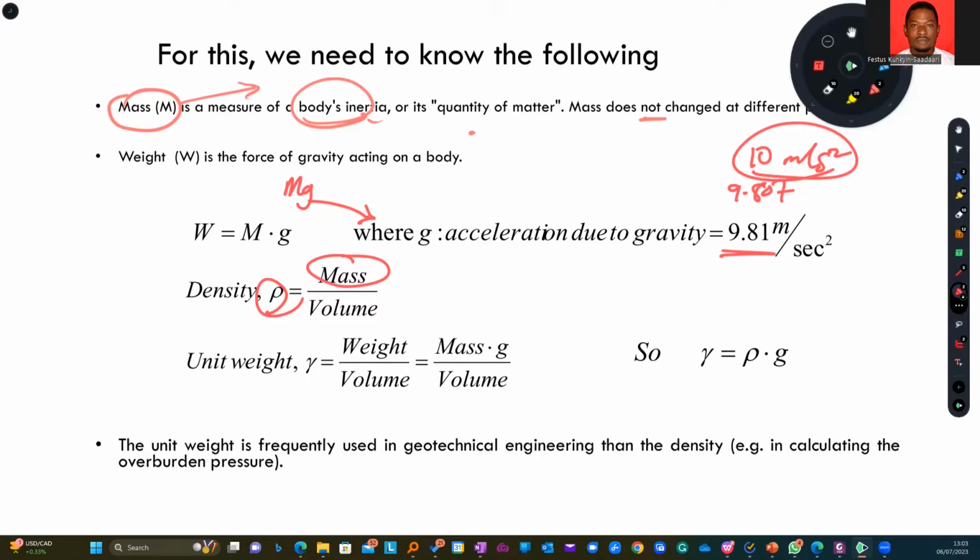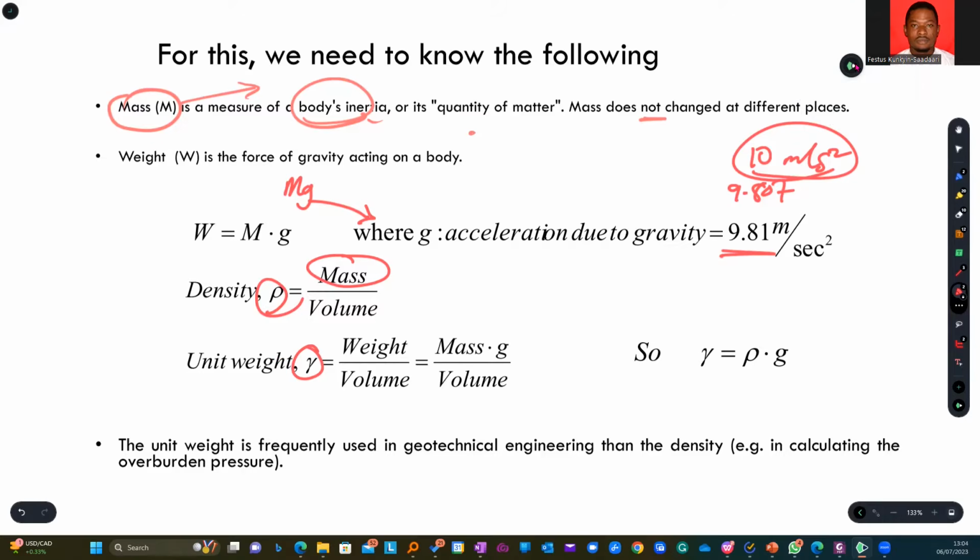So once I know this, there is another unit that we need to consider, which is termed the unit weight of any given material. If I have any given material and I want to calculate the weight of that sample with respect to volume, other books will refer to it as the weight density.